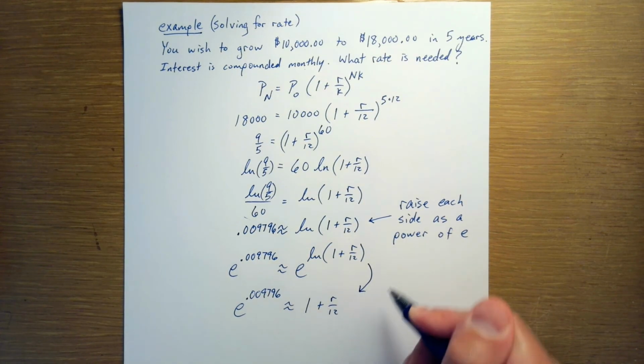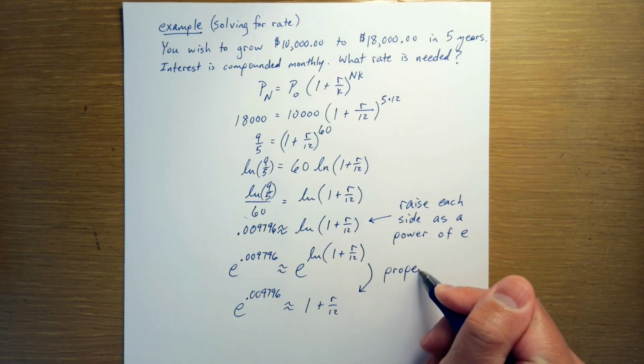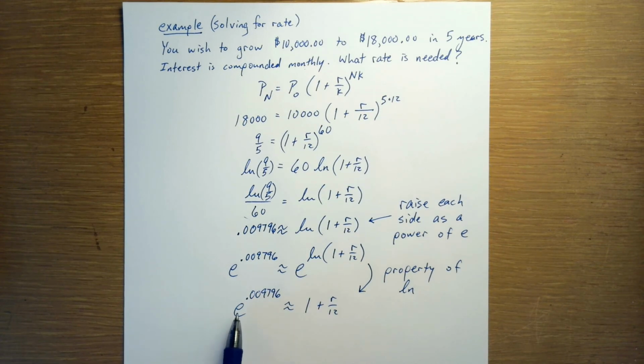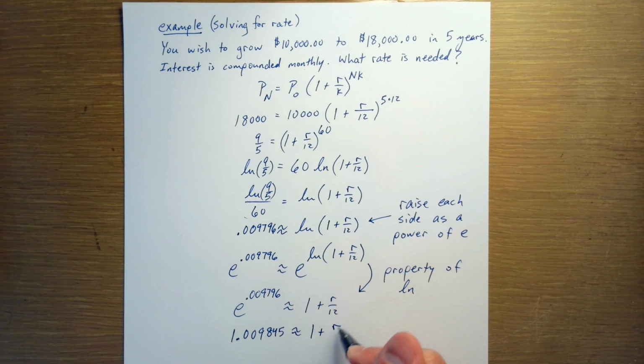So from here to here, that's a property of natural log. And this is just a number over here. So now all that I have left to do is solve for r. So if you plug in this e raised to the 0.009796, then you get roughly 1.009845. And so that is our 1 plus r over 12.